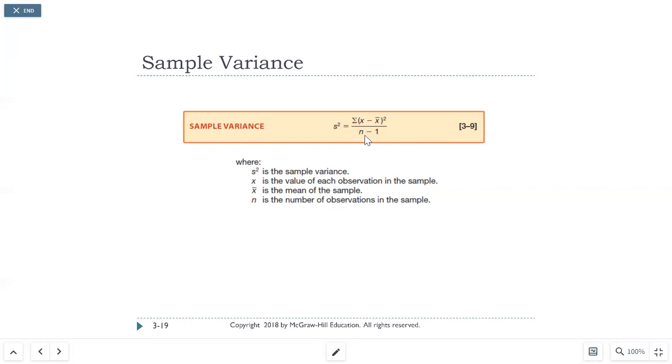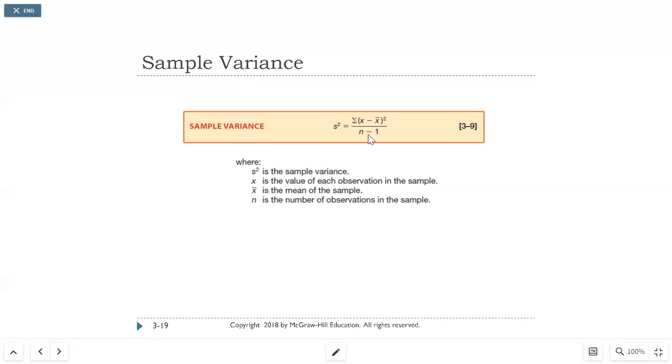If you decrease the denominator, this whole fraction is going to get a little bit larger. So what this is saying is we're actually a little bit less sure because we only have the sample. So the sample variance is going to be just a little bit larger, because we're subtracting 1 off the denominator.